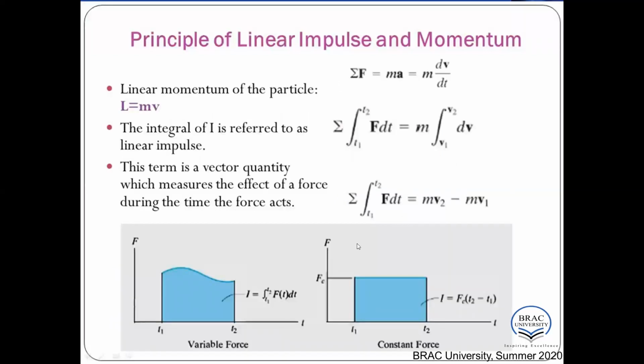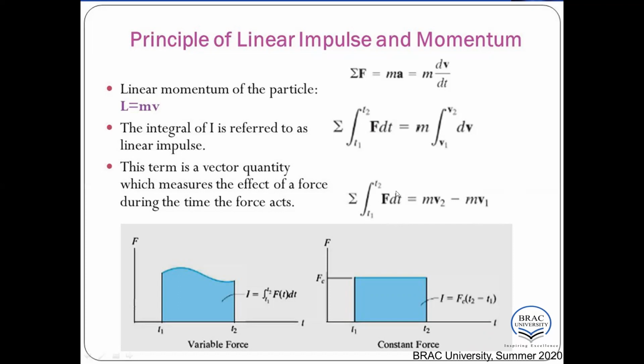This figure shows the relationship between impulse and momentum, and also impulse in the case of constant force and in the case of variable force. Here the last equation gives the impulse in the case of variable force. We have to integrate f dt from the initial time to the final time.